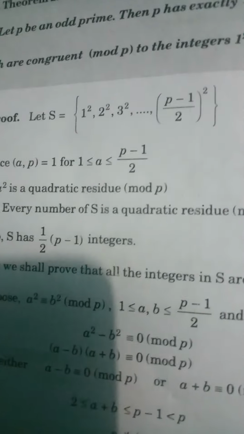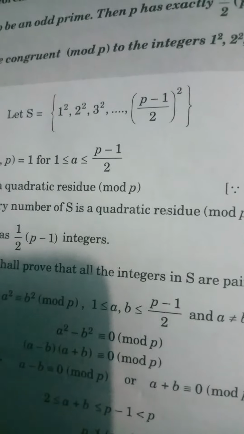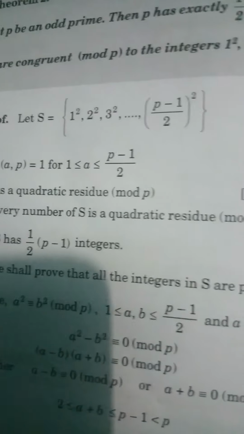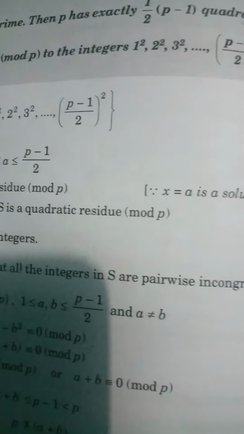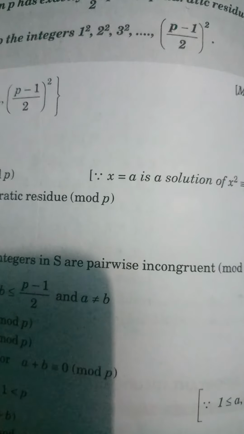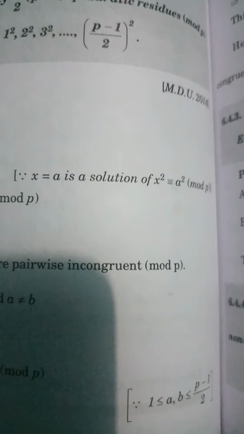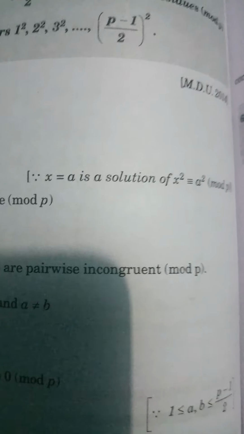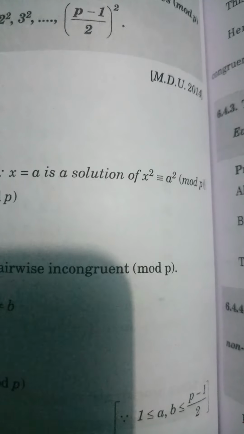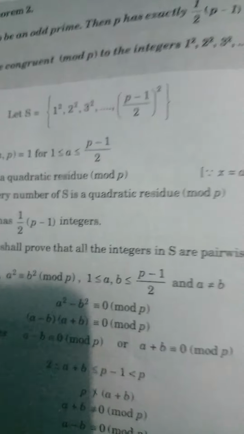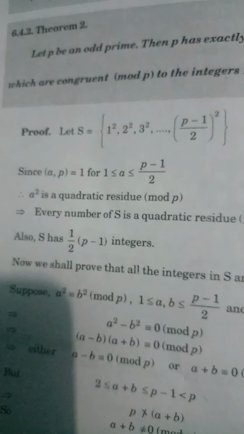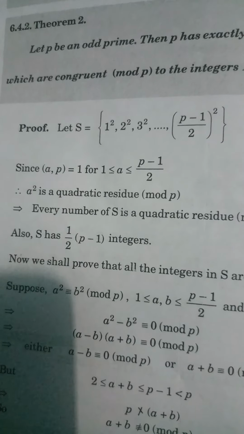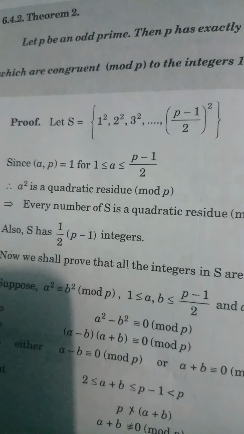Implies every number of S has a quadratic residue mod P, क्योंकि x is equal to A is a solution of x square congruent to A square mod P. A square is quadratic residue mod P, ठीक.